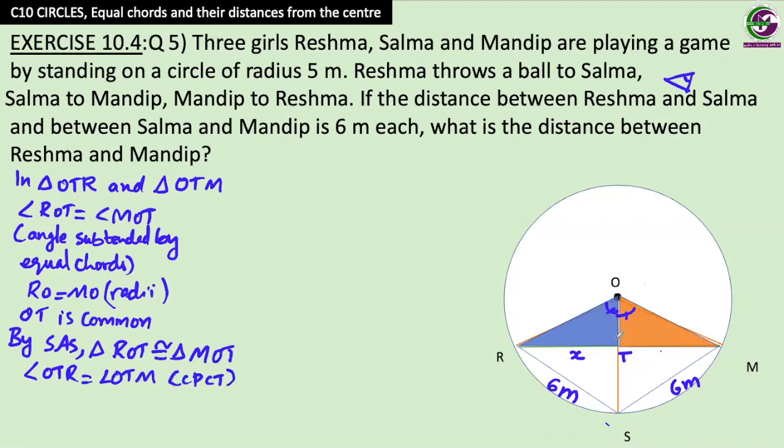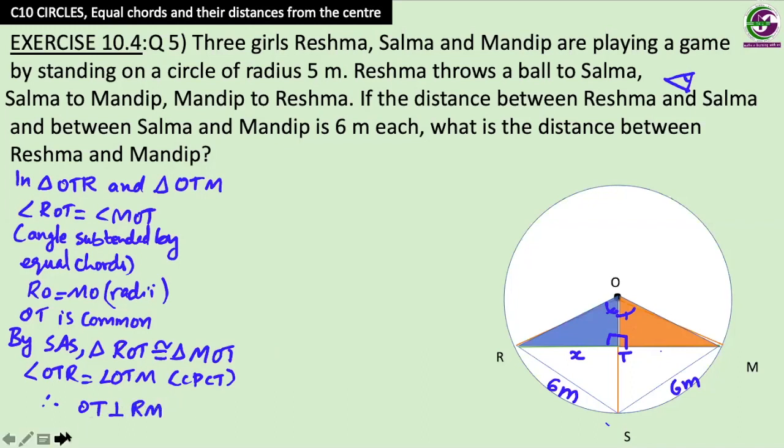Why do we take this angle? Because we want to prove that there is a 90 degree here. At a point on a line, if you have two equal angles, each one will be 90 degree because 90 plus 90 will give you 180 degree. Therefore, OT is perpendicular to RM.